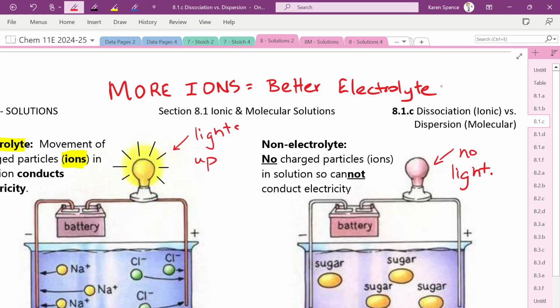Okay, so we've done a salt, we have done an acid. Let's try, what else have we got here? We have 0.1 molar NaCl. What do you guys predict for the 0.1 molar NaCl?